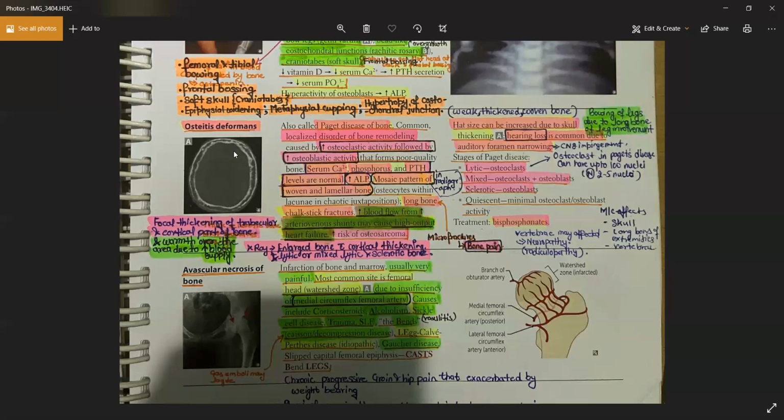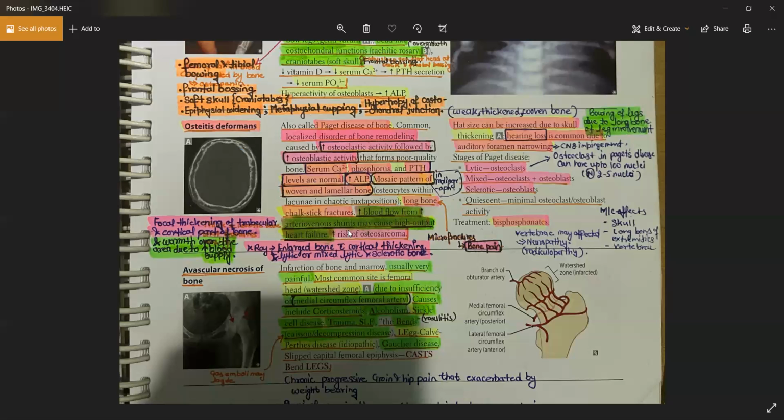And because of the bone formation and the increase in blood flow to that area, the patient can have warmth over the area where the disease is involved. You can have warmth over that area as well as tenderness, right? Because of this AV fistula, the patient can also have high output cardiac failure.